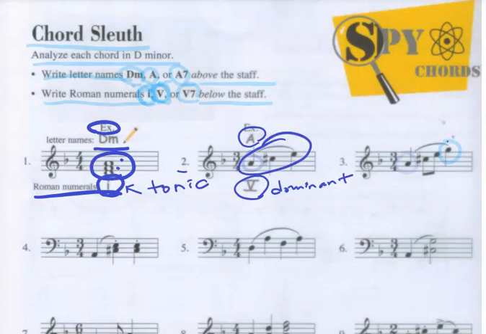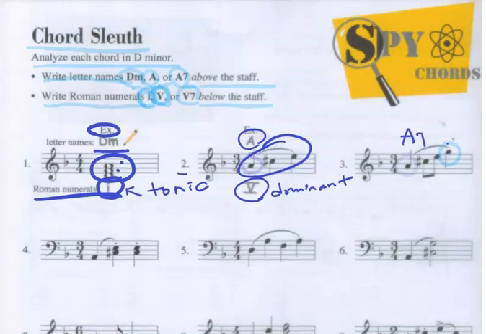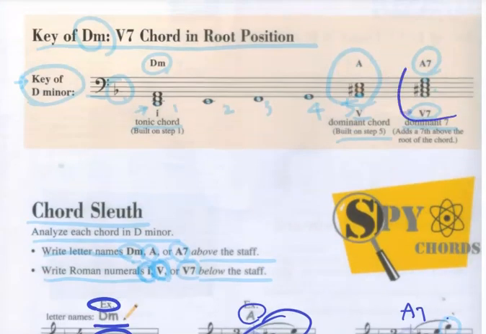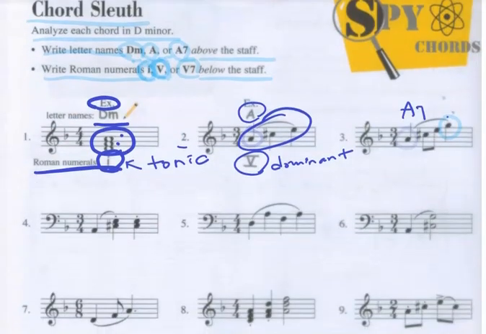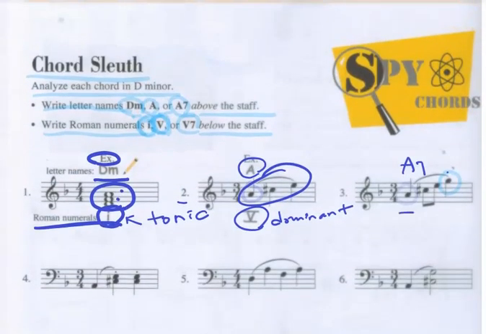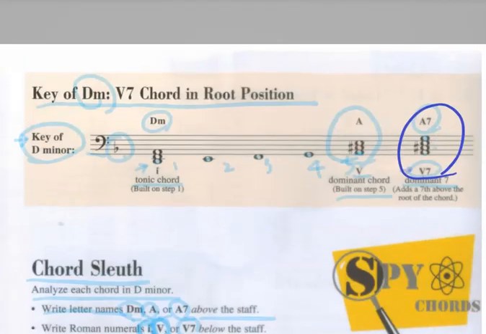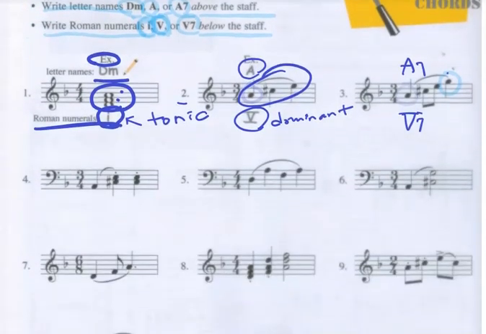So A, C sharp, E, G is a 7 chord. Okay, so A7 chord is 5-7 chord or dominant 7 chord.